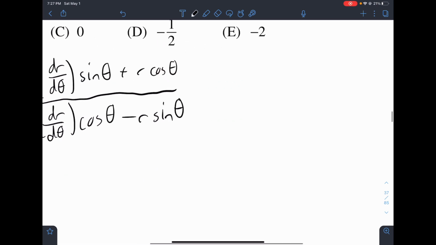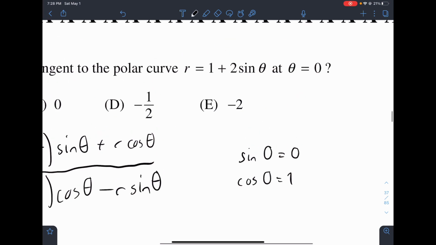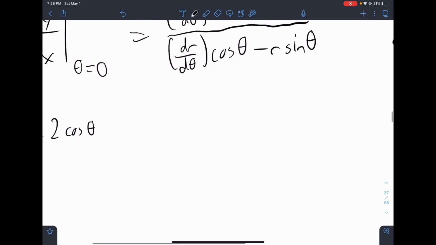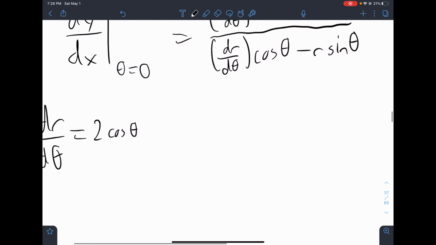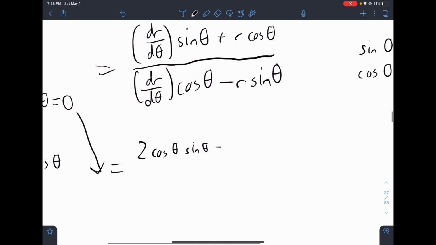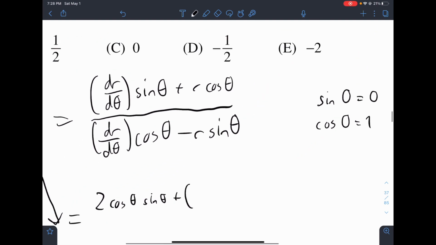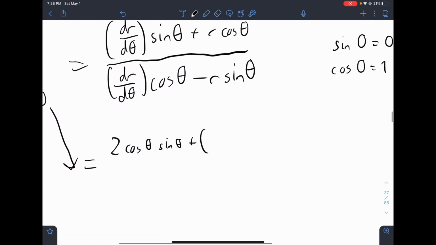It's also worth noting that sine of 0 equals 0, and cosine of 0 equals 1. That's going to be helpful because theta is equal to 0. So this will be equal to dr/d theta, 2 cosine of theta, times sine of theta from our formula, plus, let's plug in our r, 1 plus 2 sine of theta, times cosine of theta.